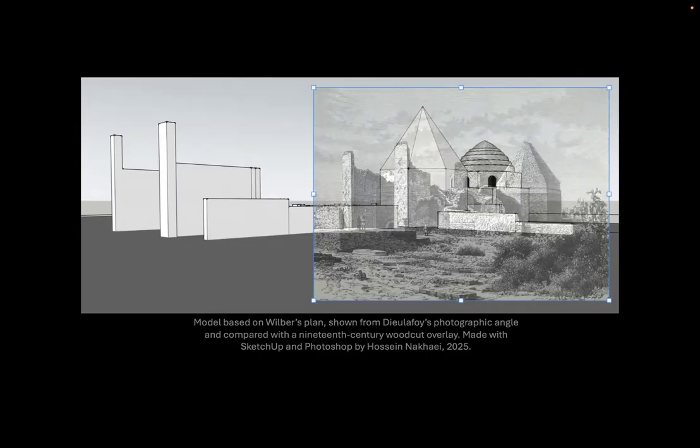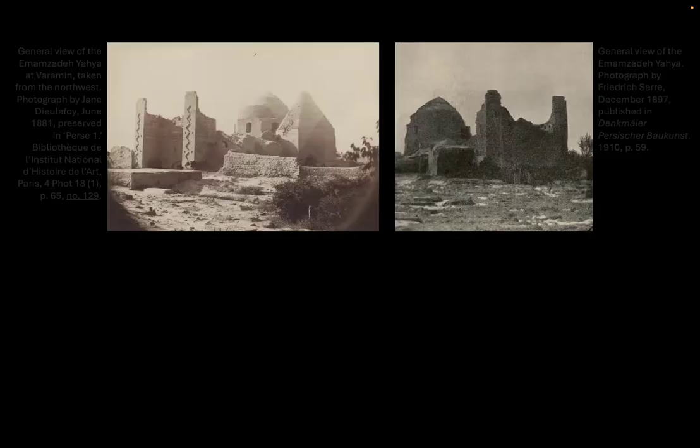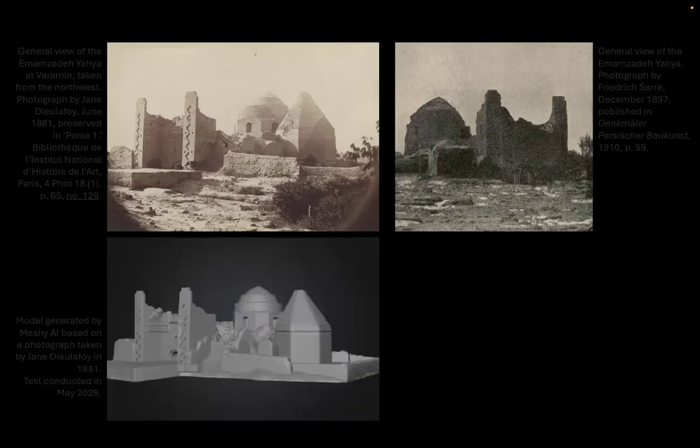To reassess the site's original configuration, we need a three-dimensional understanding of the complex. But because all of its major components, except the dome chamber, no longer survive, conducting photogrammetric surveys or other forms of spatial documentation is not possible. One possible approach is to use recent AI-based tools that generate 3D models directly from 2D images.